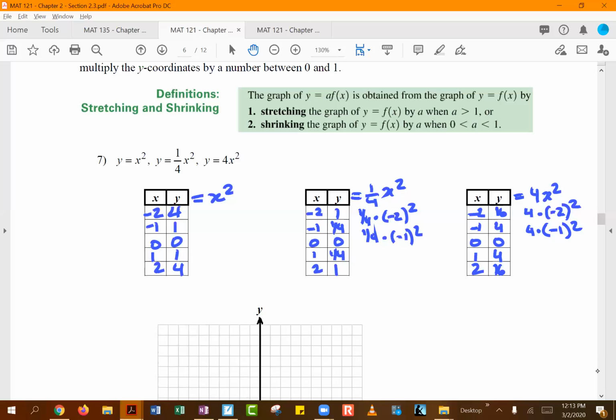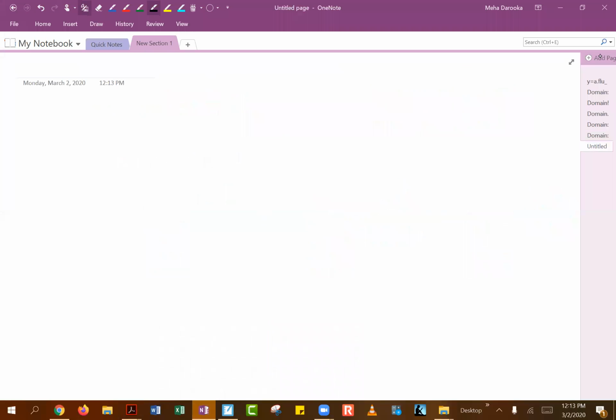Okay, so make sure you've got your tables completed, and then I'll go ahead and show you the graphs for these. So this is number 7. Base function is x squared. Shrinking is 1/4 x squared.